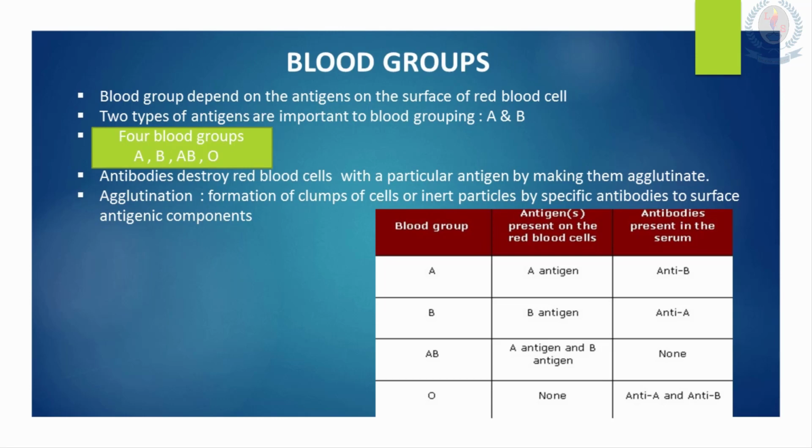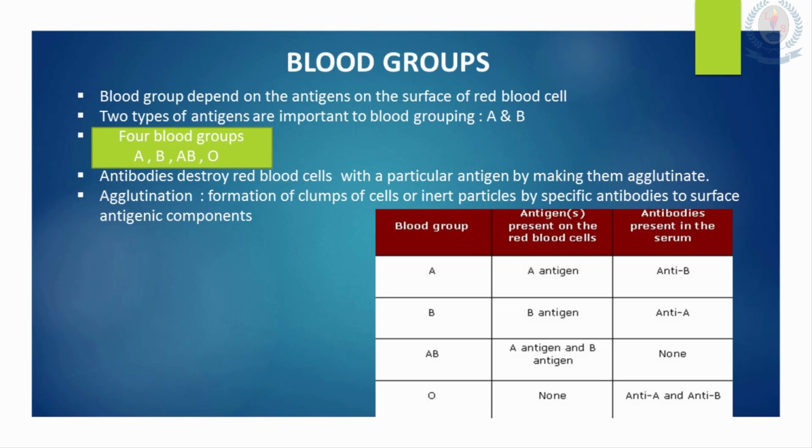If we take one example, if a doctor gives a blood transfusion of type A blood to a person with type B blood, what will happen to that patient? Definitely that patient may die, because the person receiving blood has anti-A antibodies in their plasma. That will make those red blood cells agglutinate.